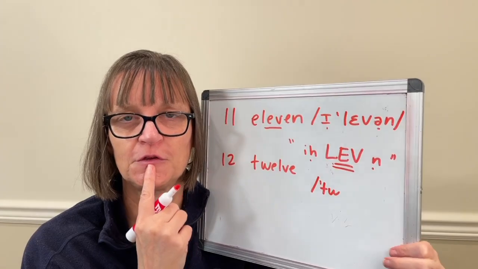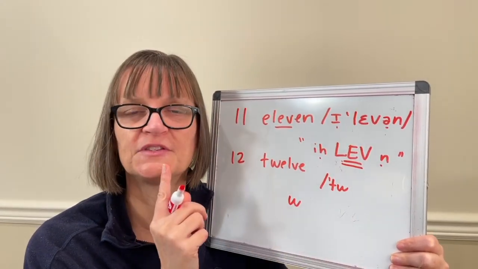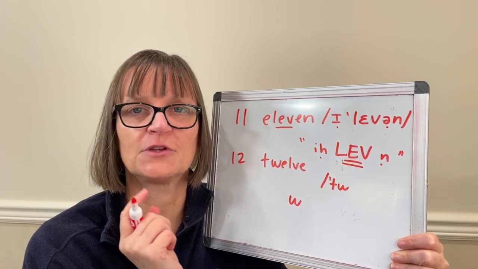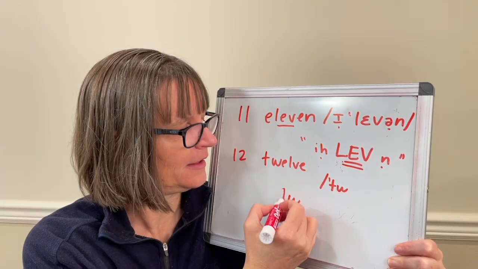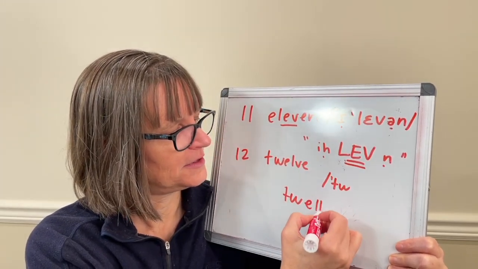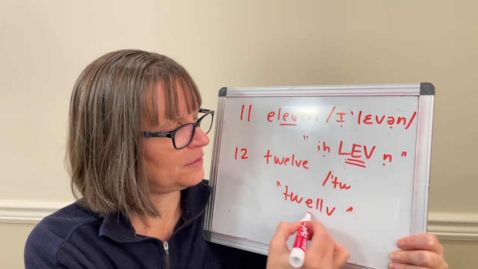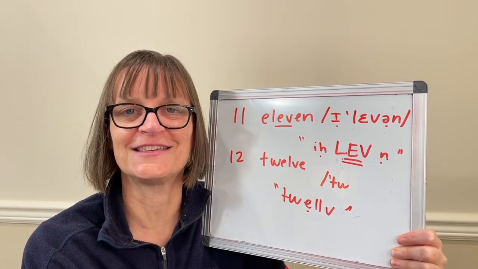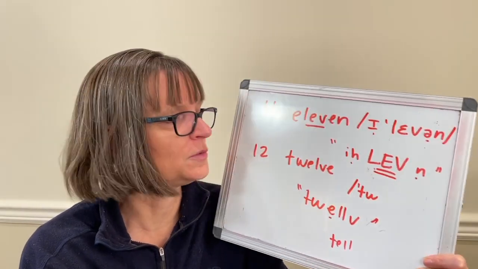You might find it difficult to put that T and W together, in which case start with your W sound and then add your T back. So 12, 12, 12. And then I'm going to do two L's here just to help you recognize this letter E says L, just because that's how we spell it in a word like tell or dwell.